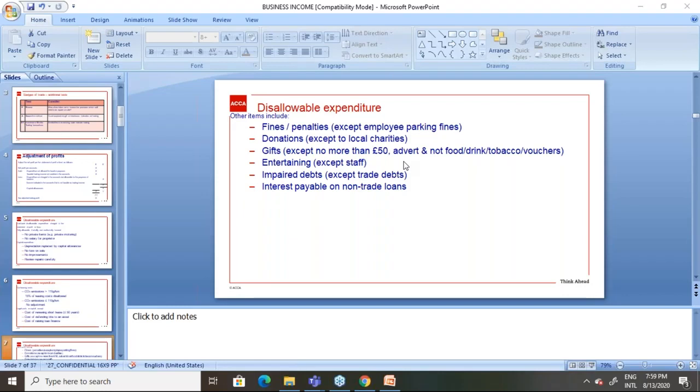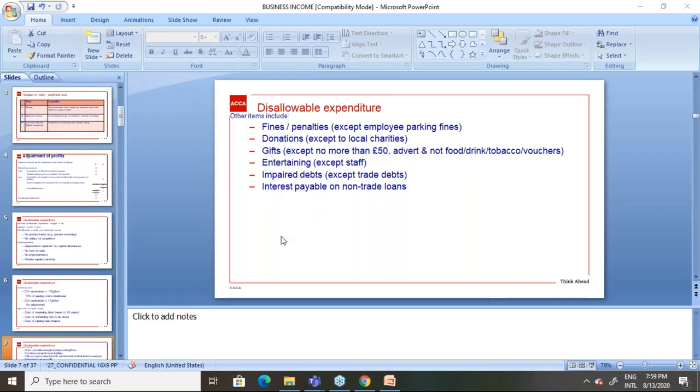It shouldn't be food, tobacco, beverages, or vouchers, cash vouchers convertible into goods. The third condition, it should have some kind of conspicuous advertisement, some kind of promotional value. If all 3 conditions are met, then it is an allowable expenditure.